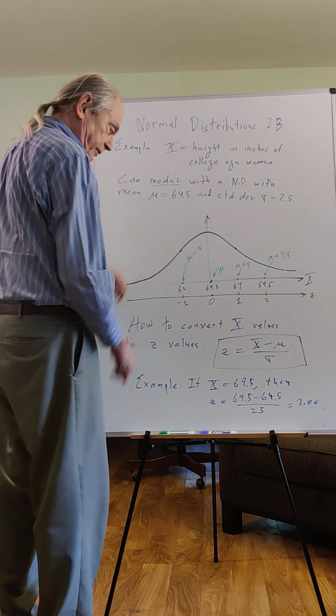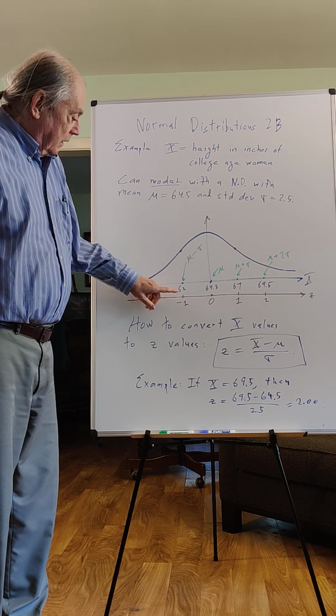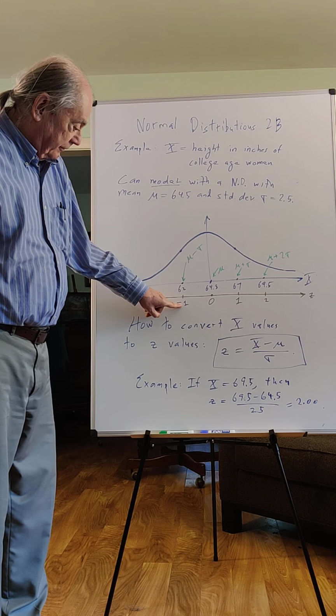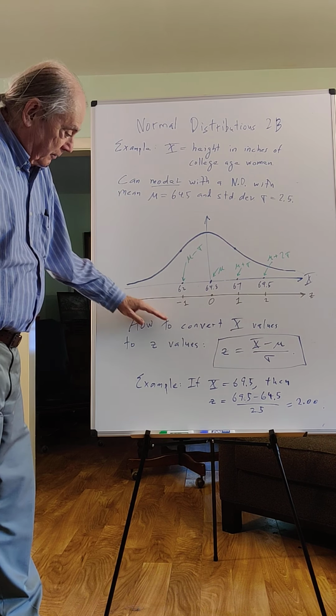So it's 2 standard deviations from the mean to this x value. For 62, we're moving to the left, so 1 standard deviation in the negative direction, so the z there would be -1.